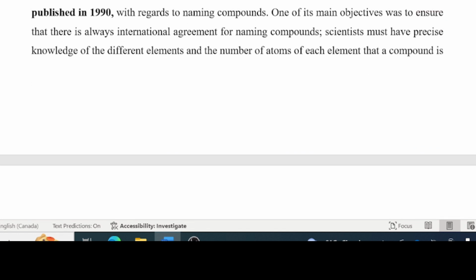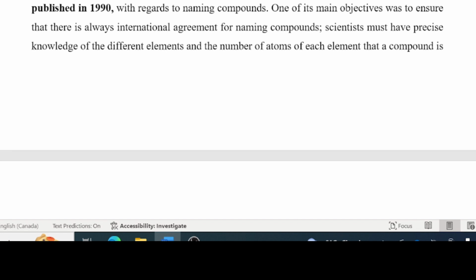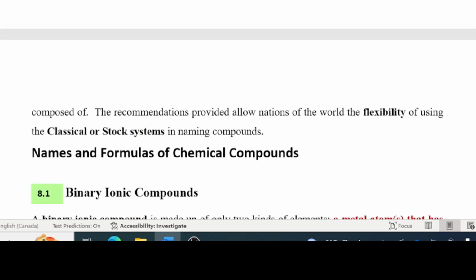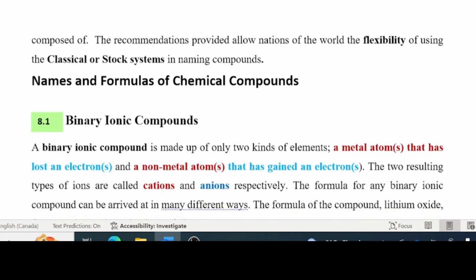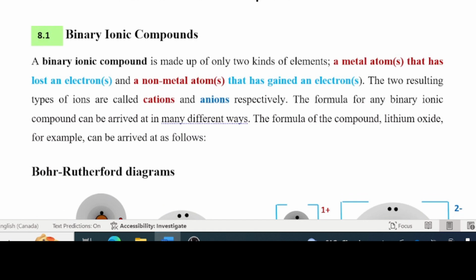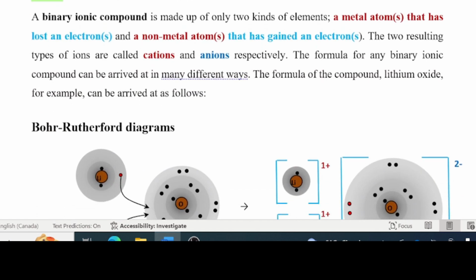Scientists must have precise knowledge of the different elements and the number of atoms of each element that a compound is composed of. The recommendations allow nations of the world the flexibility of using the classical or Stock systems in naming compounds. So now we go forward and show how we name binary ionic compounds.